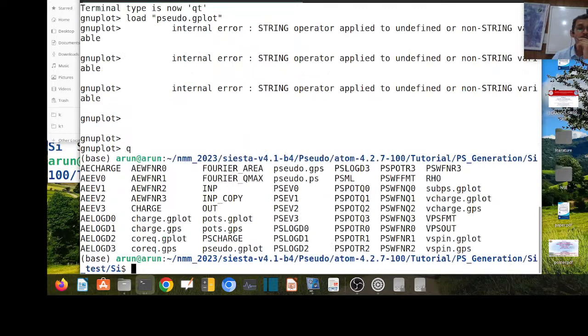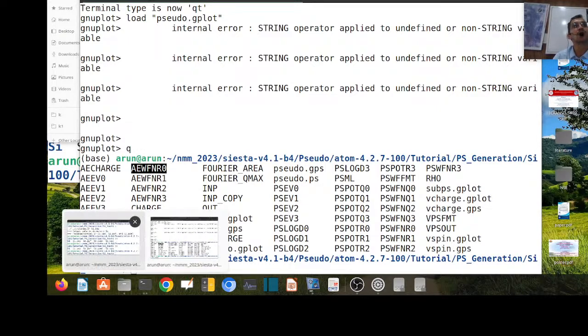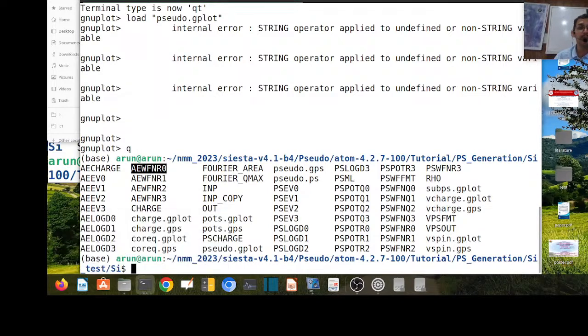This all information says it is the all electron wave function for 0, all electron wave function for 1, all electron wave function for 2, all electron wave function for 3. I can plot these separately also. For this, you can use other codes also, but you should be familiar with the data. For example, XM Grace, I will open XM Grace.